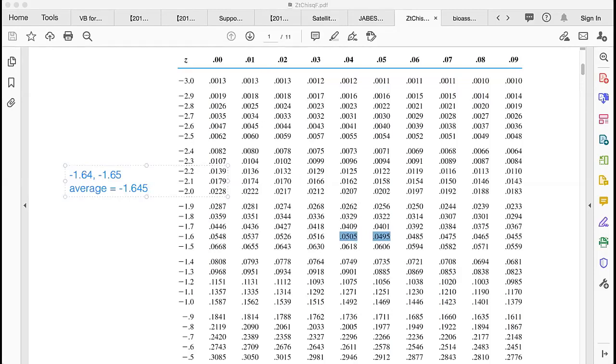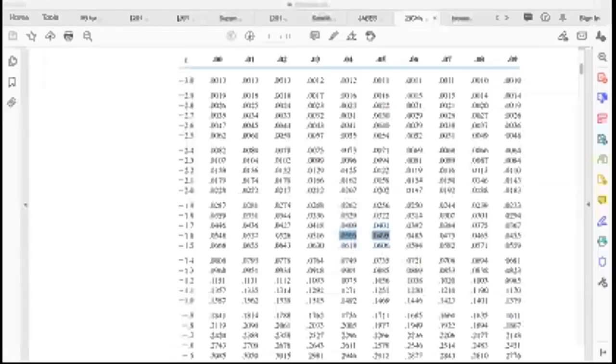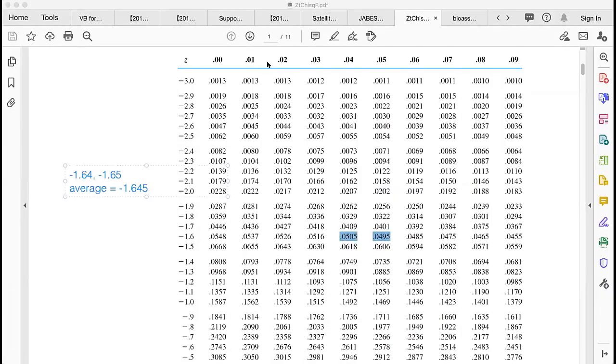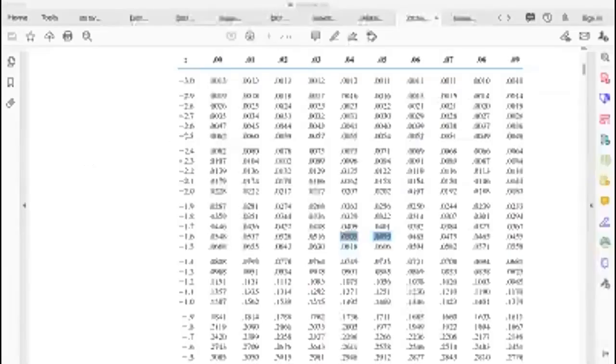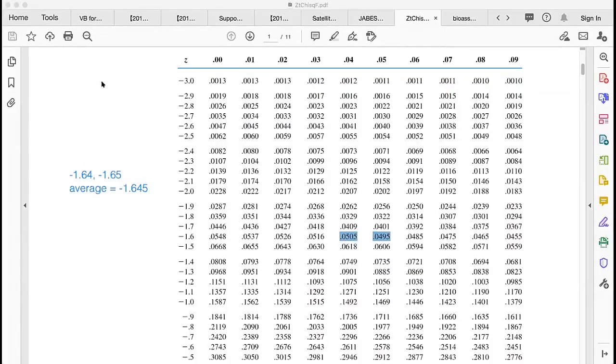So let's move back to the question we were working on. I think the curve I drew earlier on disappeared here. That's okay. So that's a 0, and we know that for this part that's going to be minus 1.645.